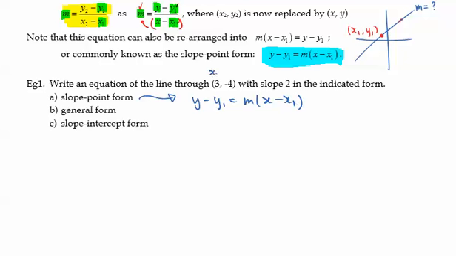If they give us the x and y coordinates of a point, and if they give us the slope, we will then substitute the slope here and substitute the x coordinate there, the y coordinate there. So it will turn into y minus -4 equals 2 times x minus 3. That will be the equation in slope point form.